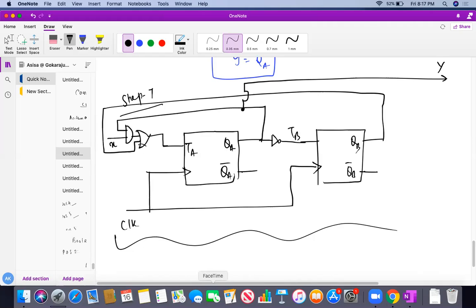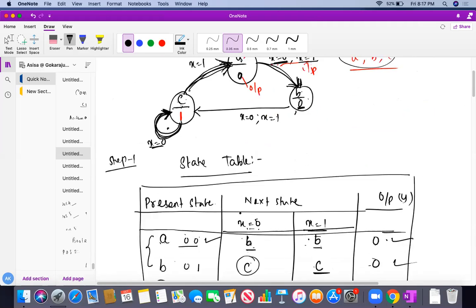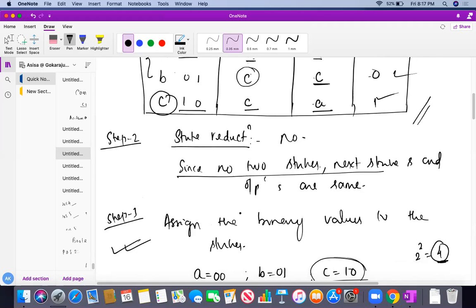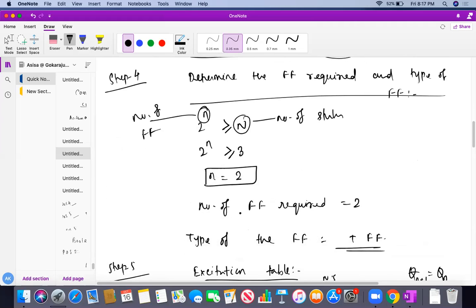So this is the way you can design your sequential circuits. First you have to obtain the state diagram, then the state table. Next, the state reduction technique to reduce the number of states. Then assign binary values to the states. Then find the number of flip-flops and the type of flip-flop.